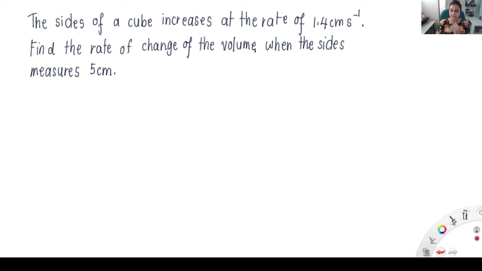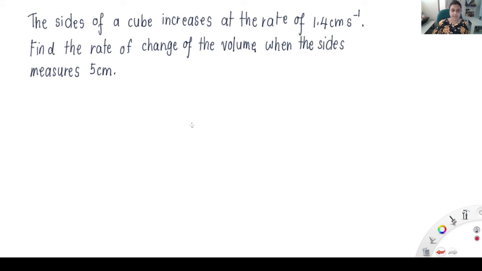So if you are doing your own notes, it would be good to do a side note for volume, area, and all these things. Teacher is going to continue with this question. So do pay attention, because you just need to know a certain trick on how to solve this, and then you will be able to solve most of them.